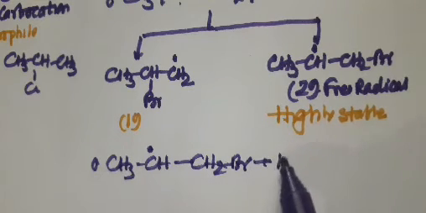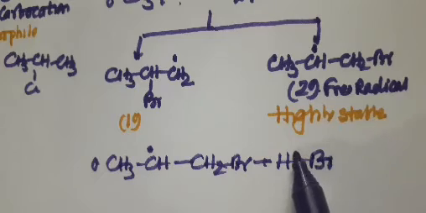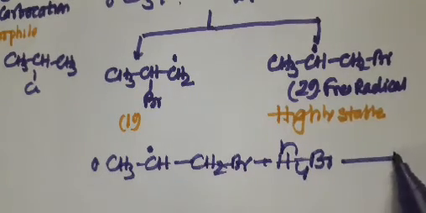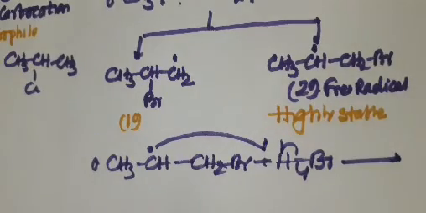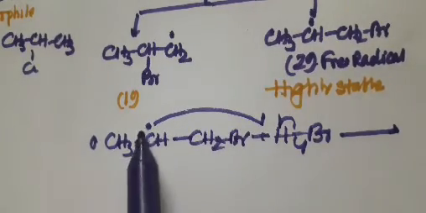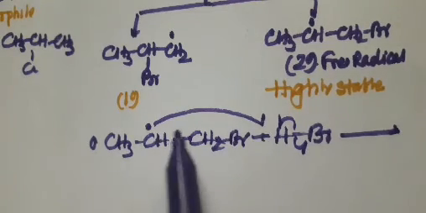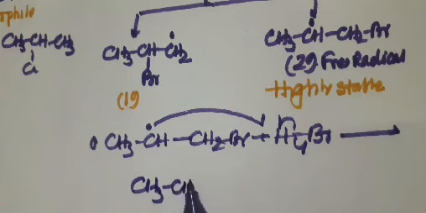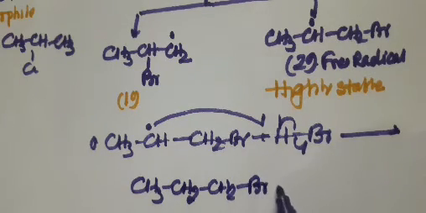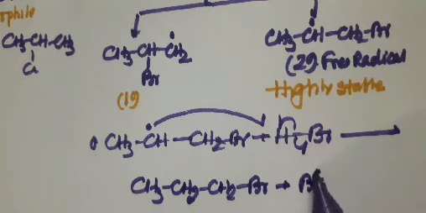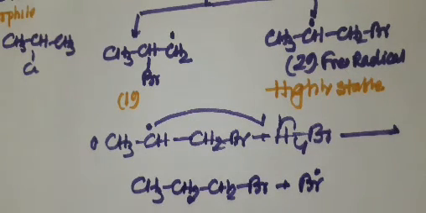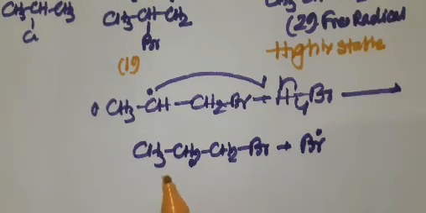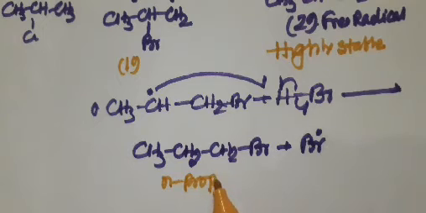It interacts with HBr, and this free radical shifts to this hydrogen free radical and results in the formation of n-propyl bromide, and also releases another Br free radical. This is n-propyl bromide.